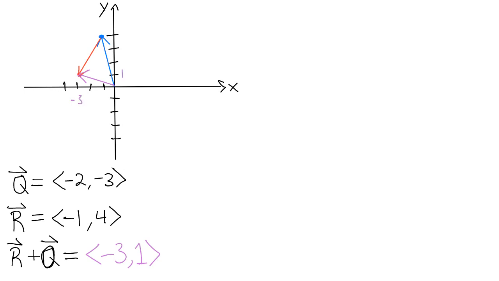Now, you can also do it arithmetically. So we did it visually, and we got the resulting vector. You can do it like this.